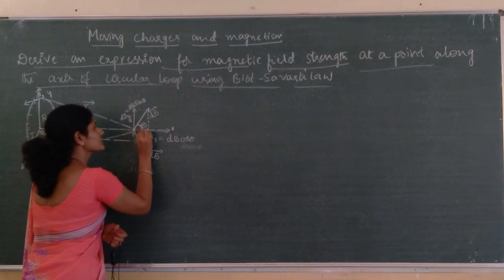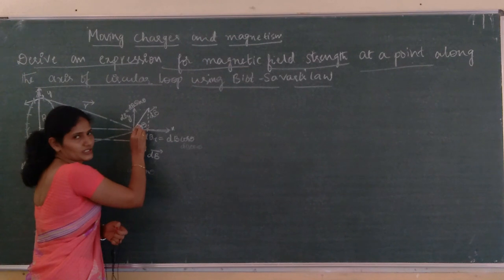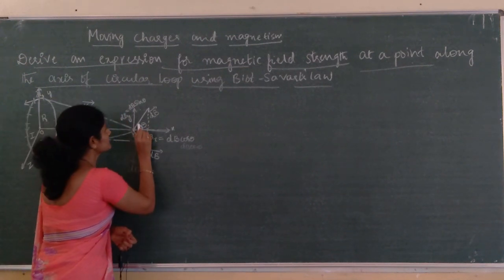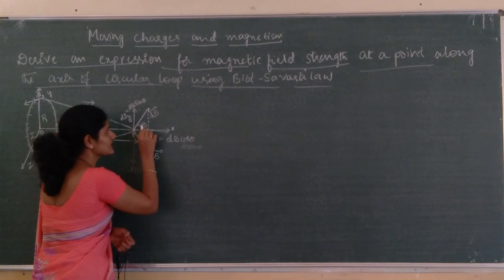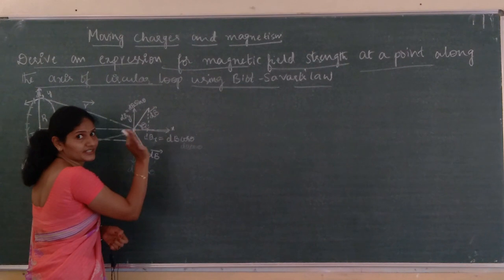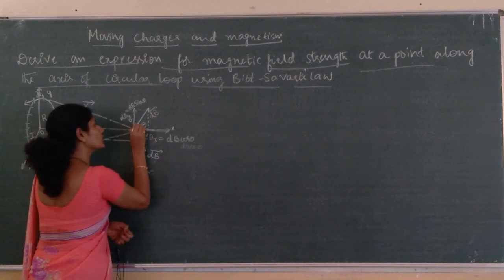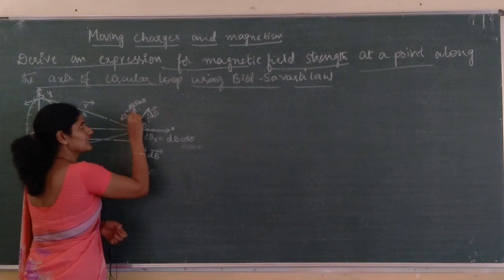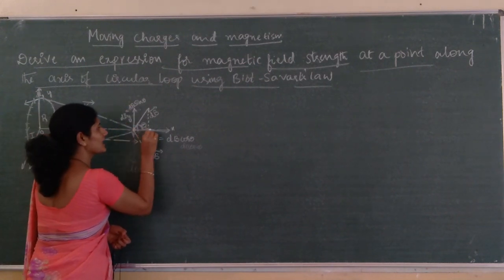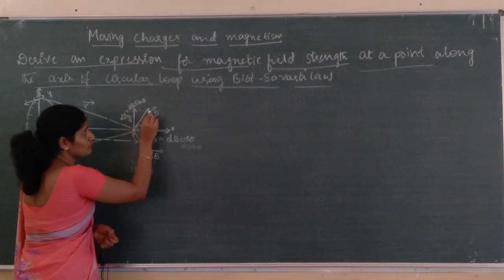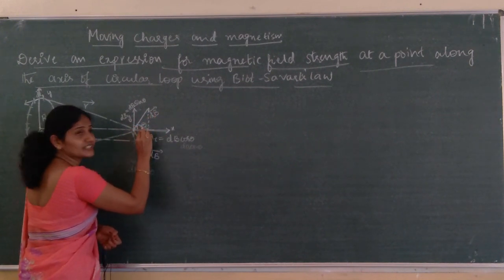So this is also theta, this theta is 90 degree, okay. This angle is theta, this is not equal to 90 degree, but this angle is equal to 90 degree. This is 90, the angle between dB sin theta and dB cos theta. The angle between dB and dB cos theta is theta.